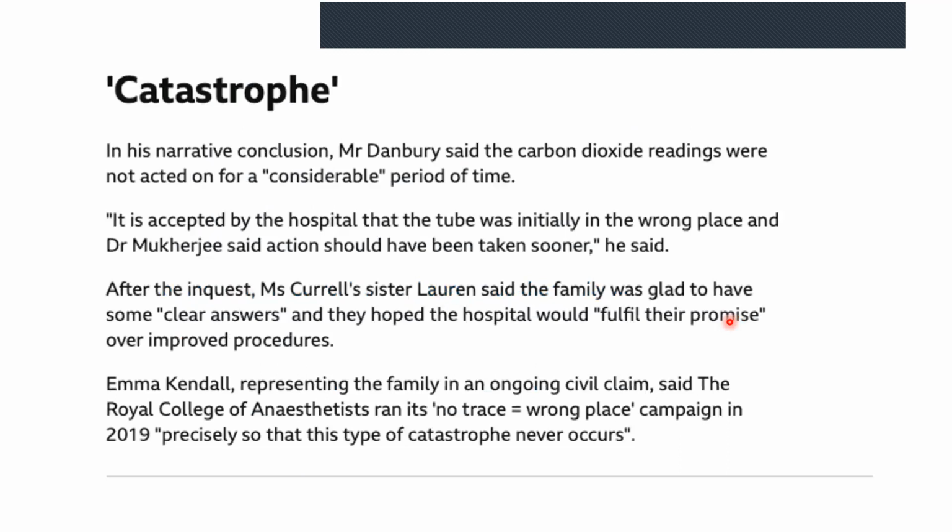So this is what has been said. No trace, wrong place. Okay, so for your centers that have PCO2, use it. It is useful, but not all places have PCO2. Like Teresa said earlier, ultrasound, whoever can, learn. Okay, learn how to do it, because ultrasound is also operator dependent.